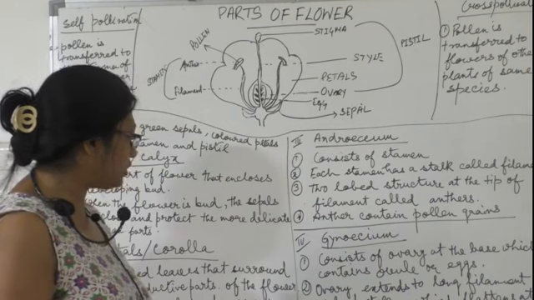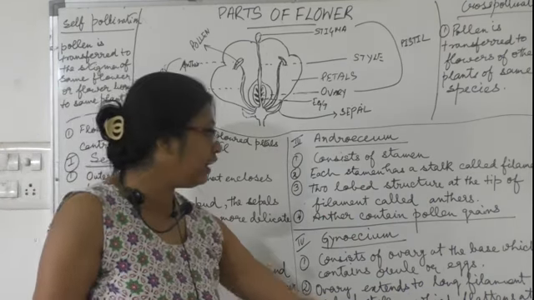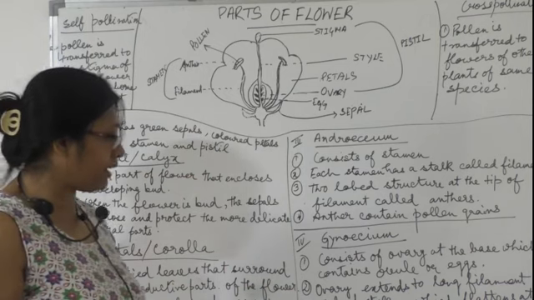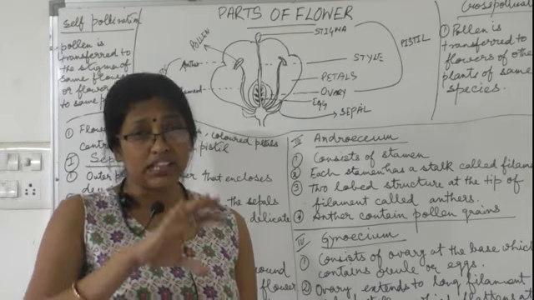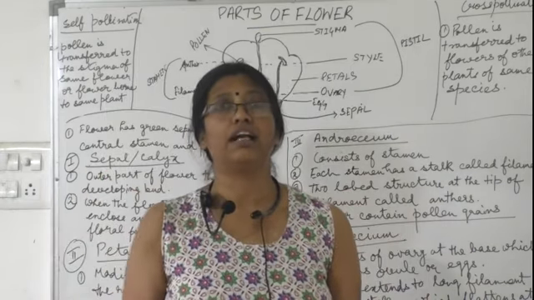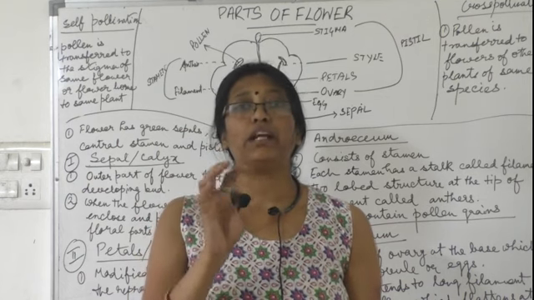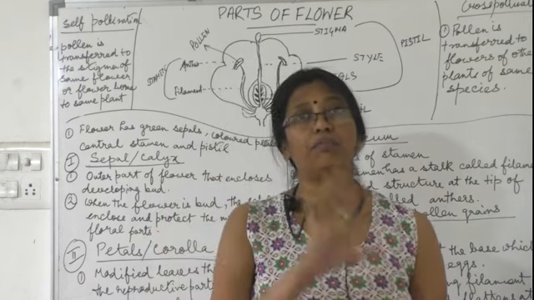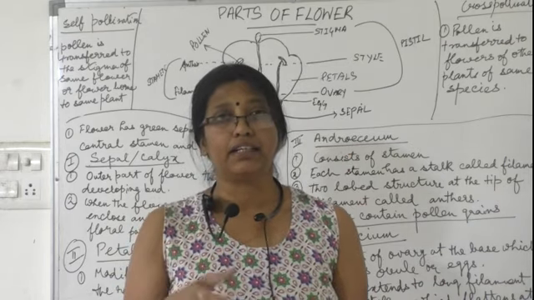In that procedure, pollen is transferred from the anther, that is the male part, to the stigma, that is the female part of the flower which contains the egg. So the transfer of pollen grains from the male part to the female part of a flower is called pollination. It is mainly the transfer of pollen grains so that reproduction can happen.